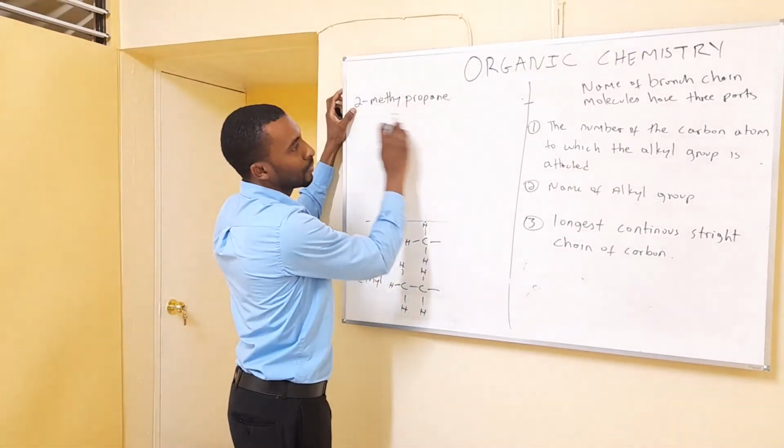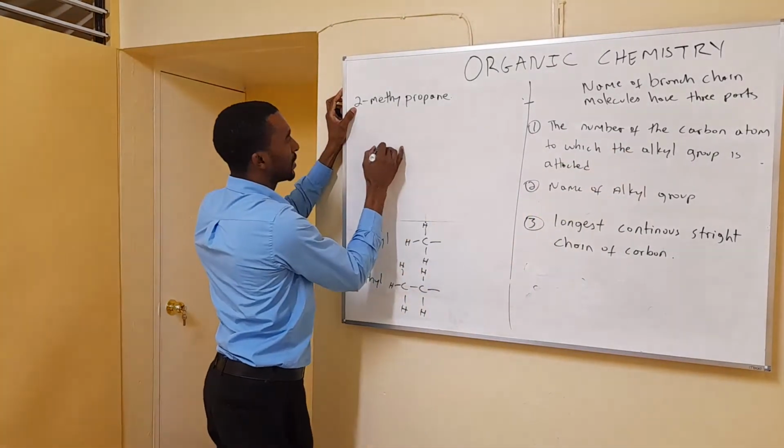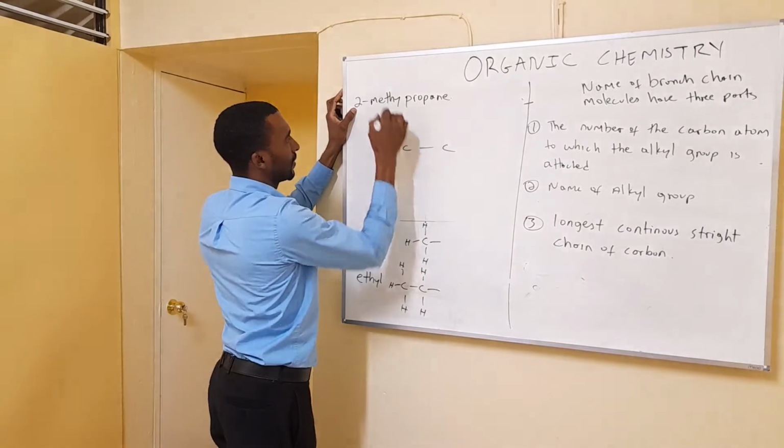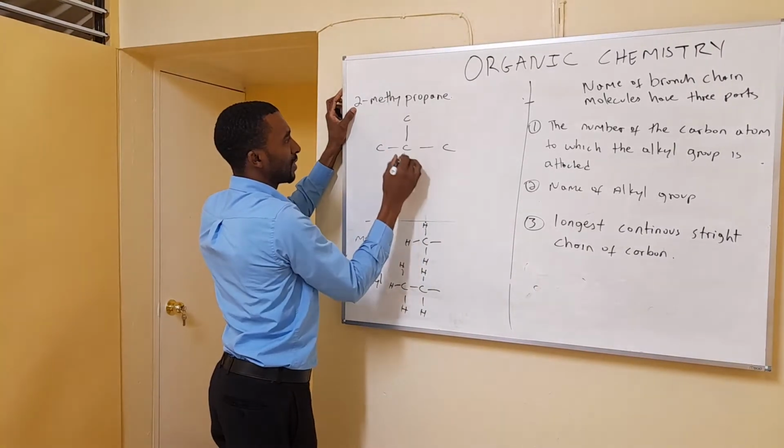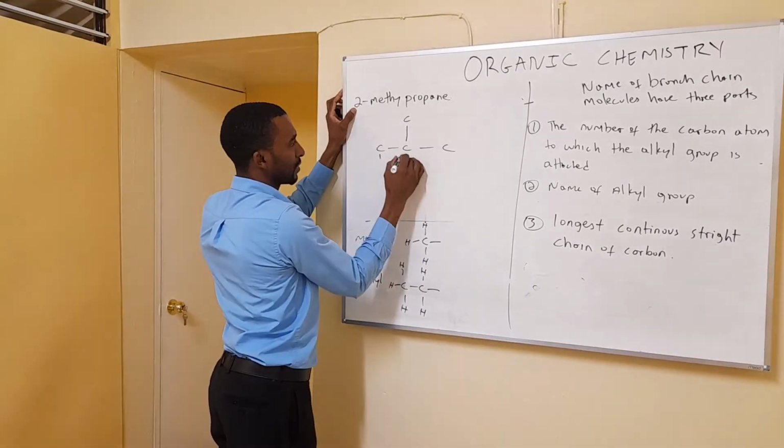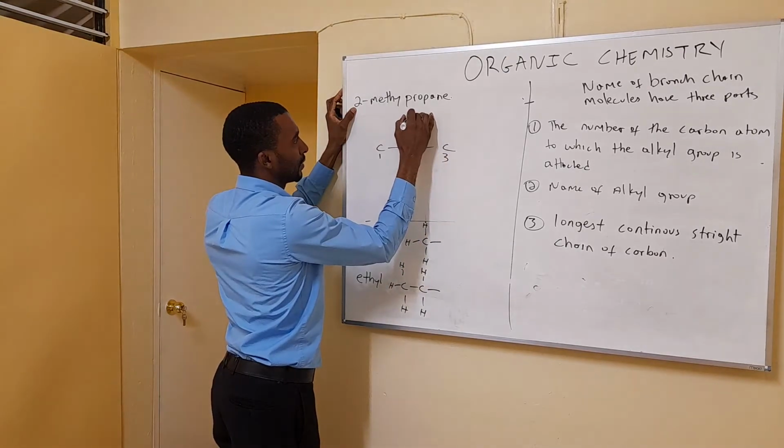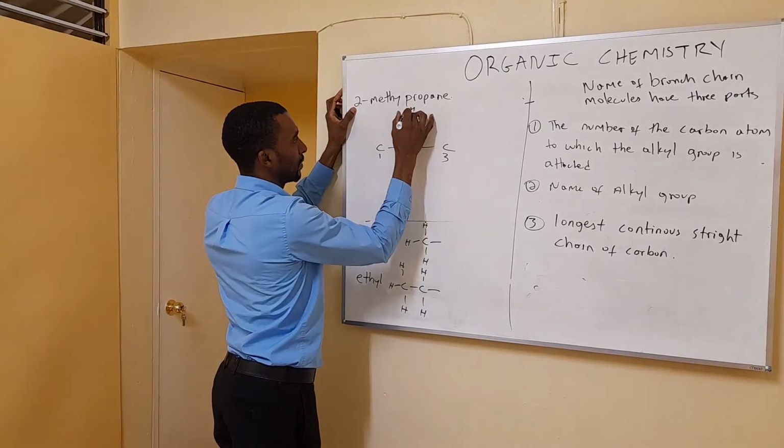As you can see, the 2 was stating which carbon atom the methyl group is on. So that is how we get this 2 here. So 1, 2, 3.